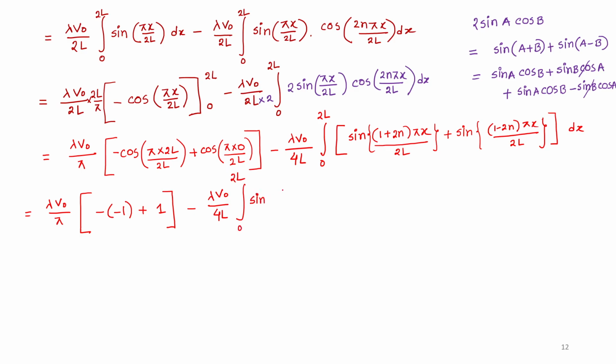I will write it in our usual form, which we usually write as 2n plus 1, right? Then I take minus. I will take minus because minus plus minus. Then your lambda v naught by 4L, 0 to 2L, 1 minus 2n. I can write it 2n minus 1, right? Okay.